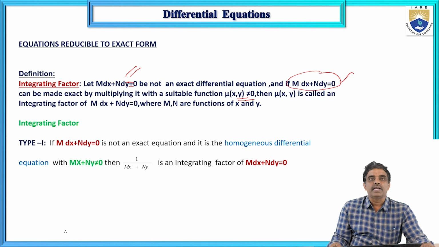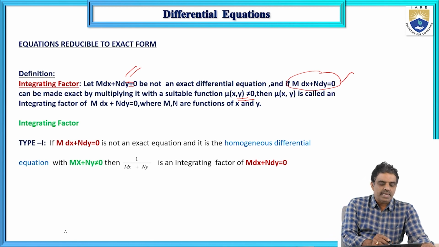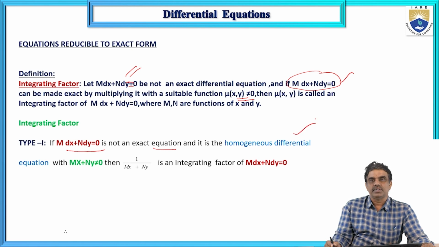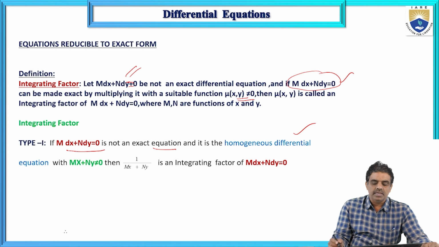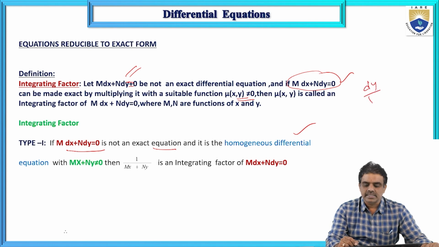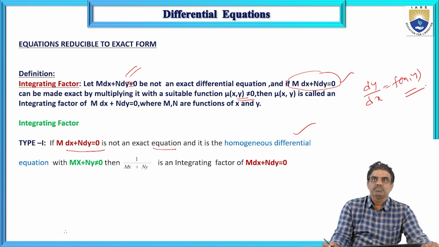Now I am going for type 1. Suppose M dx plus N dy equals 0 is not an exact equation and it is a homogeneous differential equation. Homogeneous means that the terms in the given equation have equal degree. Or we say dy by dx equals f of x, y is a homogeneous differential equation if it is a homogeneous function of degree 0.